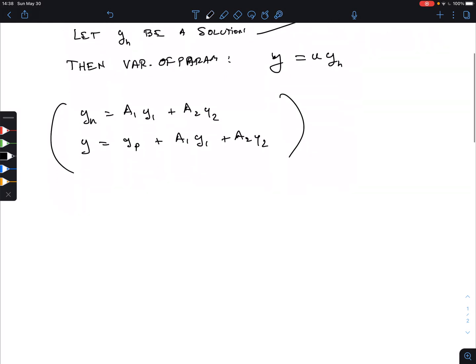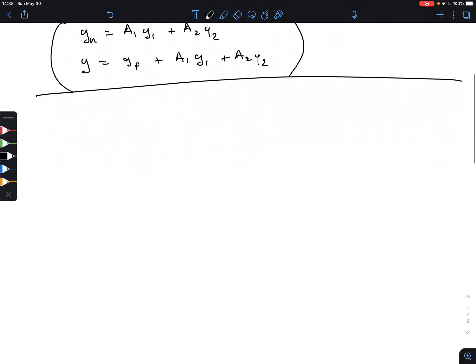So let's do an example right away. There's no point in doing this abstractly.